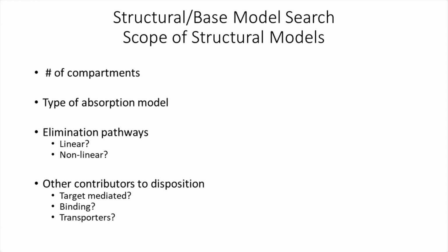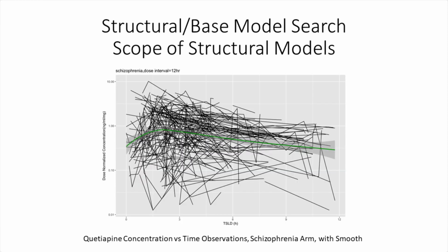So let's go back to the profile that we observed for the quetiapine study. So here again, we have a dose normalized concentration on the y-axis and the time since last dose on the x-axis. And if we look at this, remember that these appear to be linear processes.